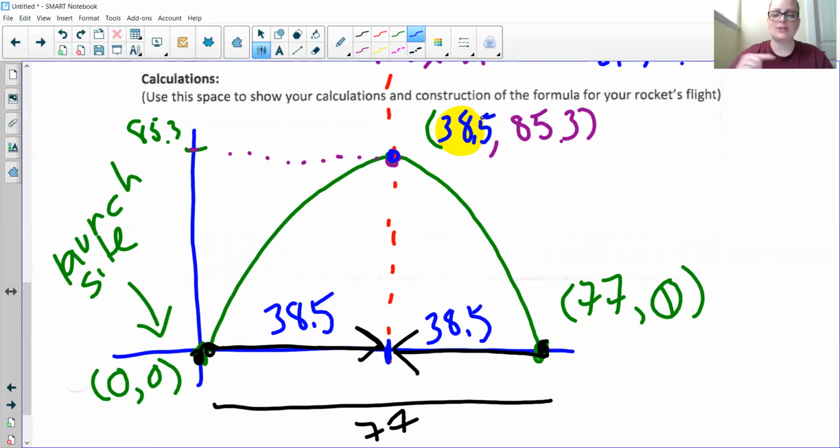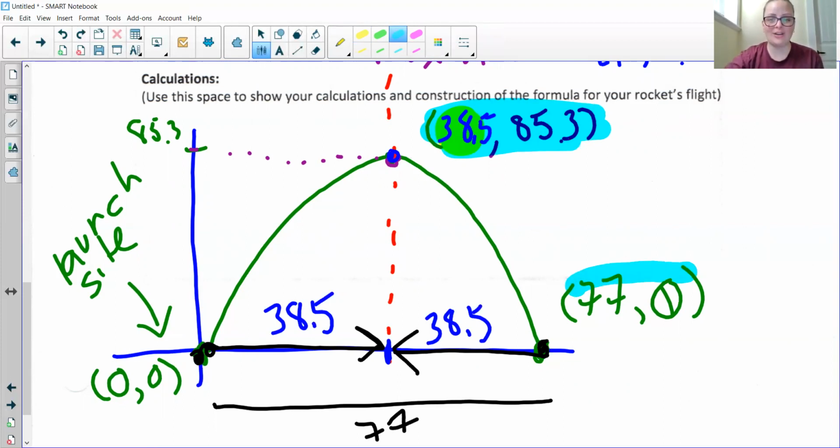Okay. So now you can construct an equation in vertex form, all right? Because you have the vertex right here, so you have your P and Q value, and you have another coordinate that you can use to substitute in for X and Y to solve for A, okay?